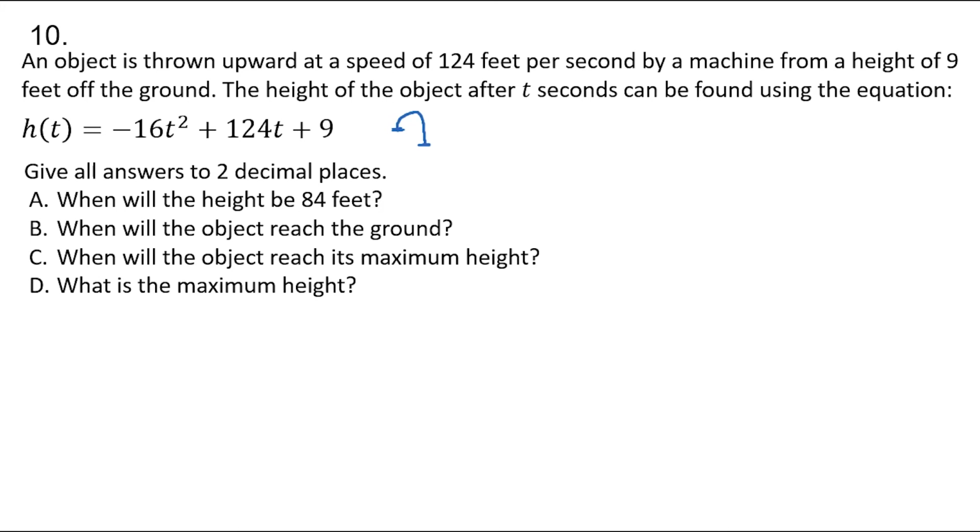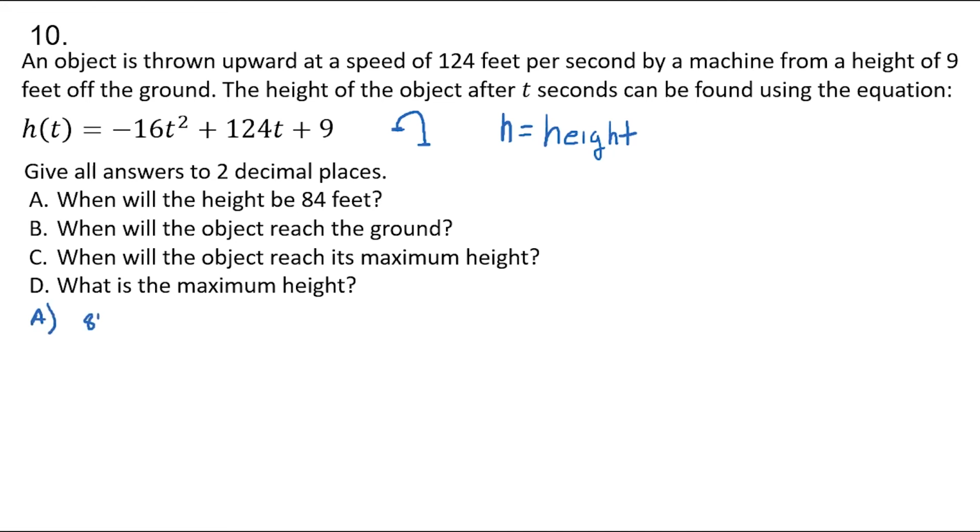So remember, in this equation, h represents the height. So we want the height. We want to know when h is going to be equal to 84. So for A, I'll come down here and work this out.